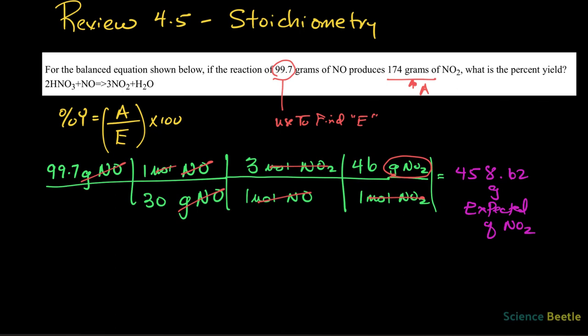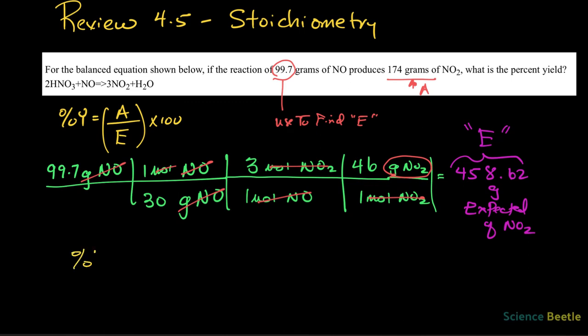And so this value here is the value that we expect, or that's how much we should get. Now, by looking at this, if you're only getting 174, we expected 458, that's going to be a very low value. But let's go ahead and calculate the percentage here.